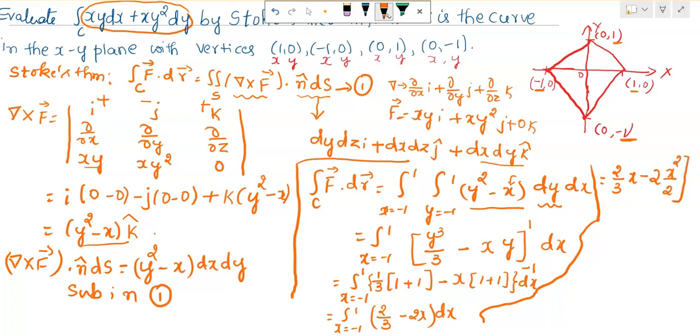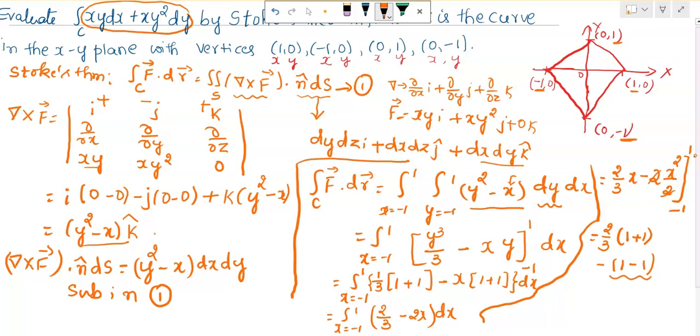The limits from -1 to +1. 2 by 3, upper limit is 1, minus lower limit is -1, minus into minus is plus. So the 2 will get cancelled. Now apply the upper limit 1, lower limit -1 whole square is +1.